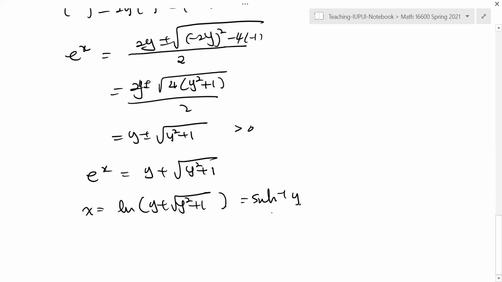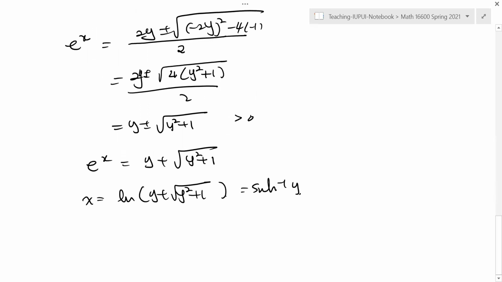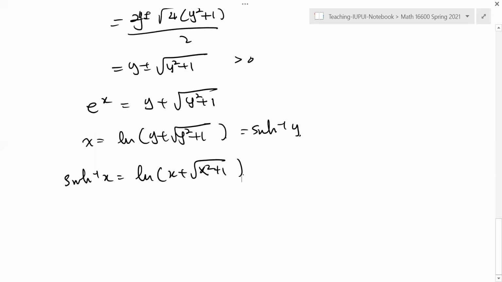My conclusion, if we want to use x as the variable of the inverse function, is this: now this is another expression.